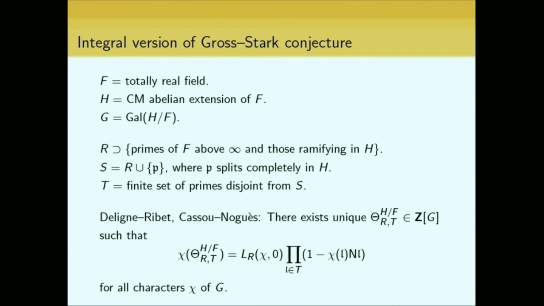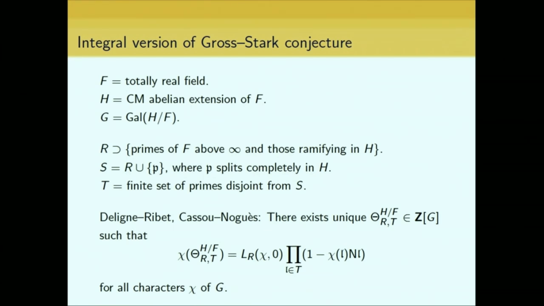If I take chi of this element, for any character chi of G applied to a group ring element, that gives you the L-function of your character chi with an Euler-like product, with Euler factors removed at the primes in R and T. The Euler factor would really be 1 minus chi of L, so that's why I say Euler-like. It's a little bit strange: it's 1 minus chi of L times the norm of L.